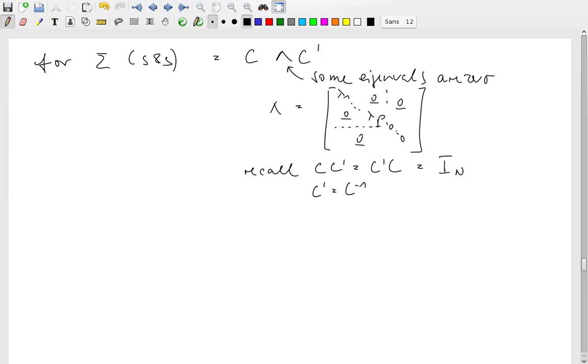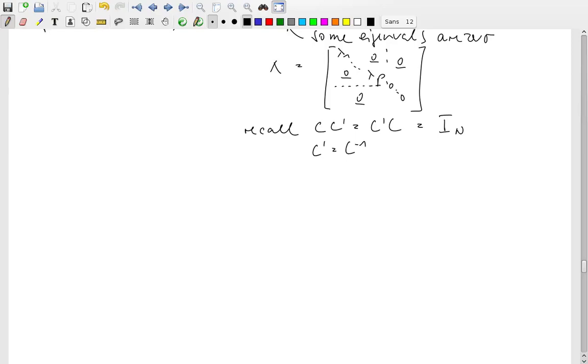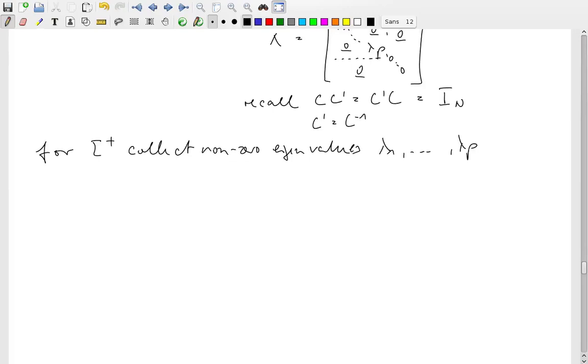Now, for the construction of the pseudo-inverse, what we do is we collect the non-zero eigenvalues, so these would be lambda 1 to lambda p, and we write them in a diagonal matrix.